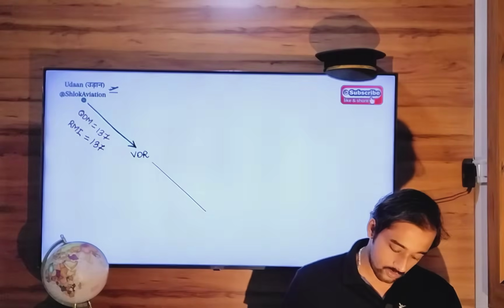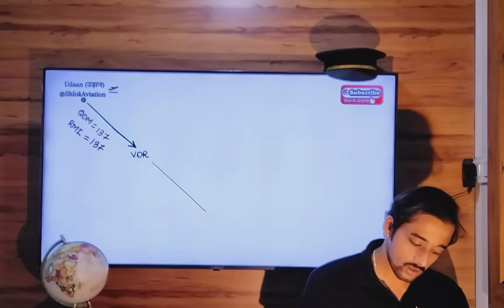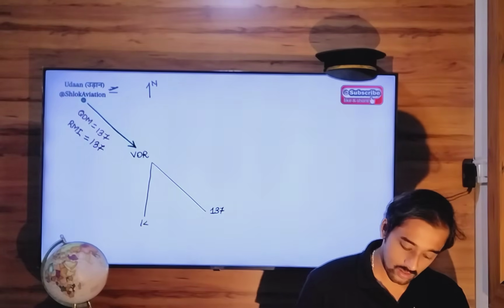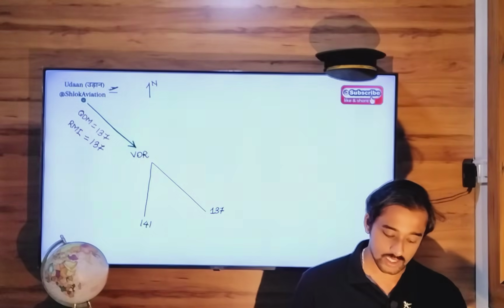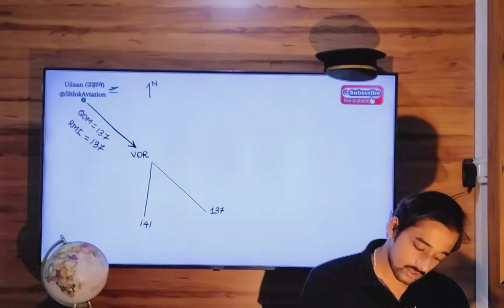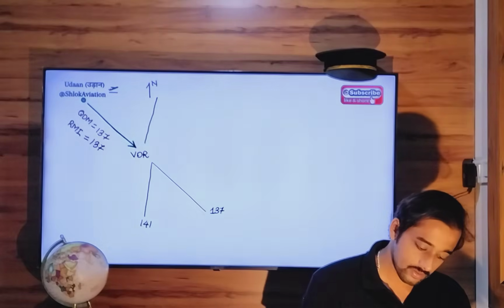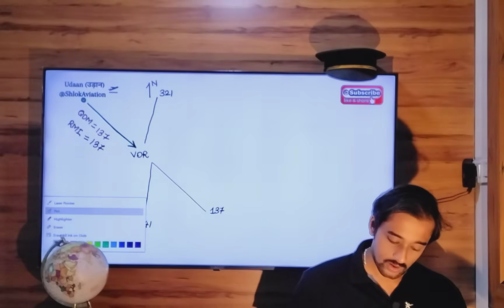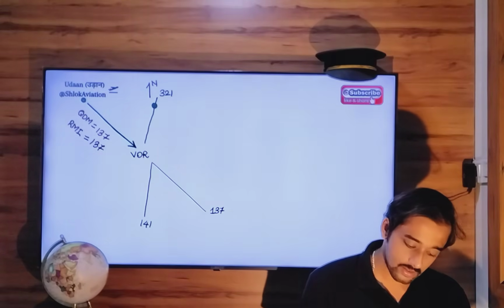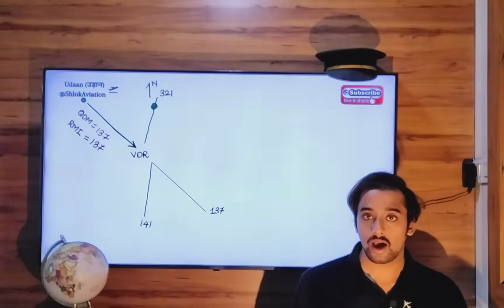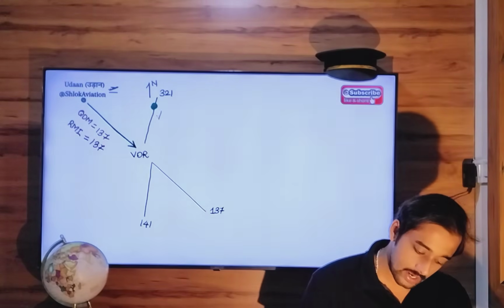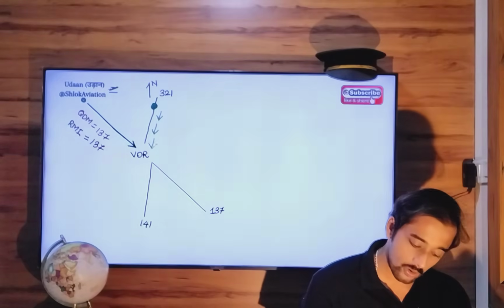So this is your northerly datum. This is your 137. 141 will be here. Reciprocal of 141 is 321. So 321 will be somewhere here. That means your aircraft is actually somewhere here.